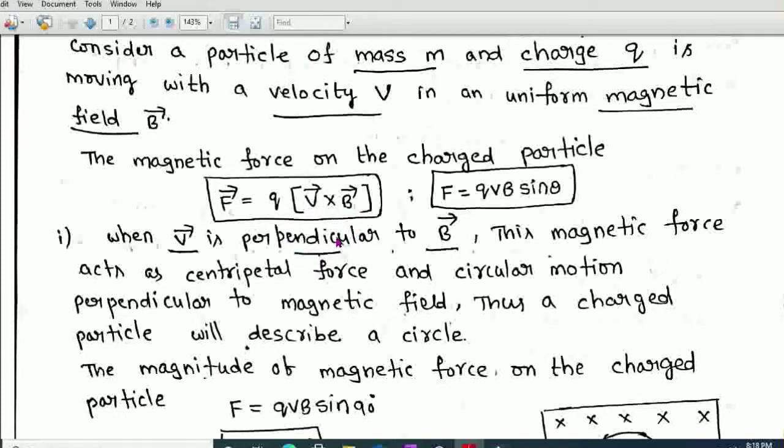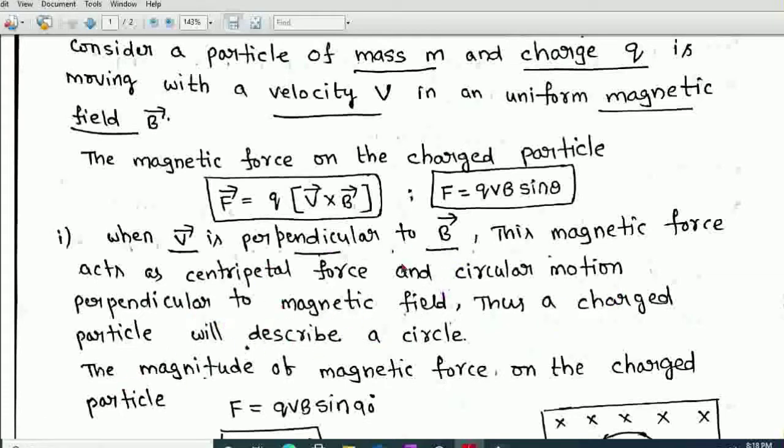In that case, the magnetic force acts as a centripetal force, which produces circular motion perpendicular to the magnetic field. Due to the circular motion, the particle will describe a circle.